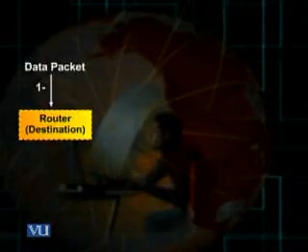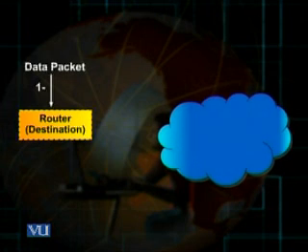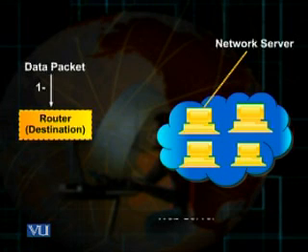As you can see in the slide before you, when the data packets arrive at the destination router, the destination router first of all sees the IP address on that data packet and inquires the network server placed on the network what its corresponding MAC address is. Please let me know that. This is step number 2 before you.